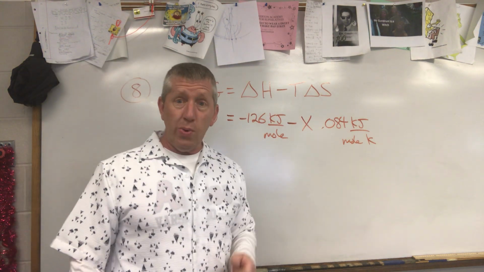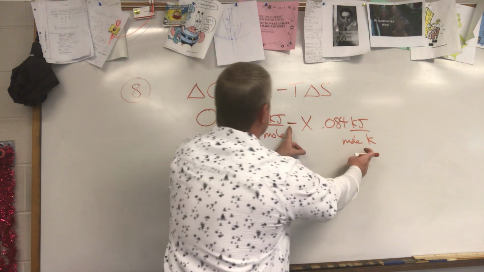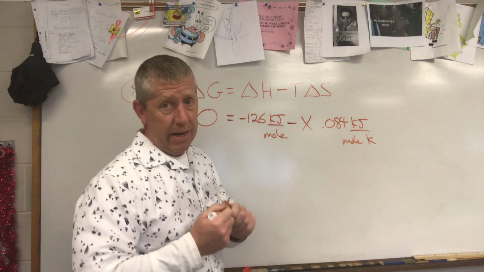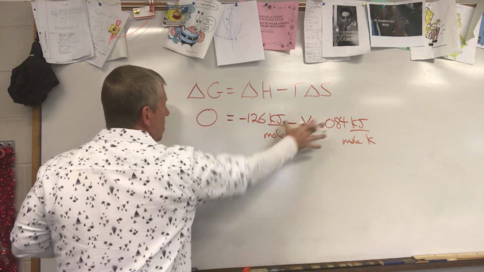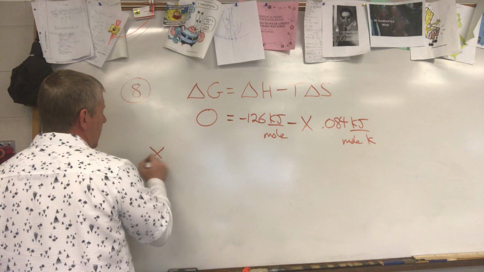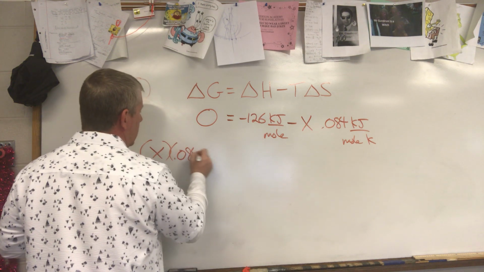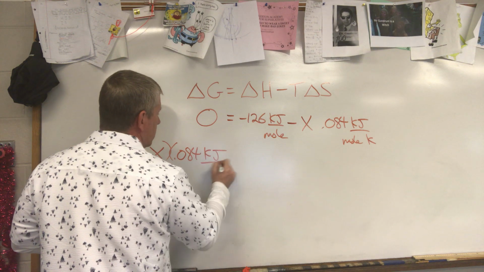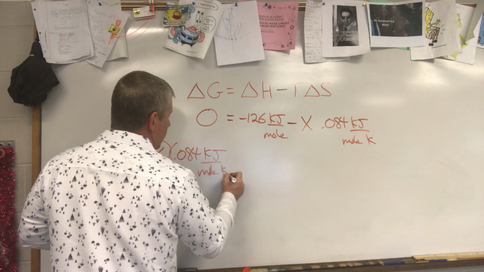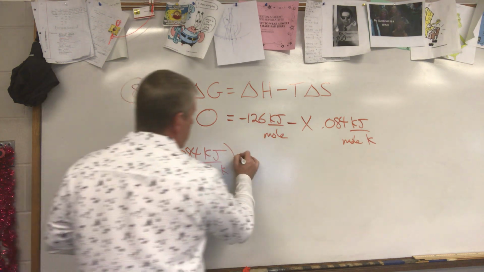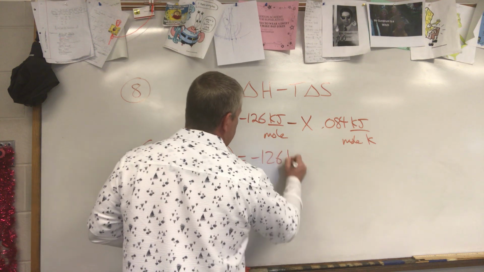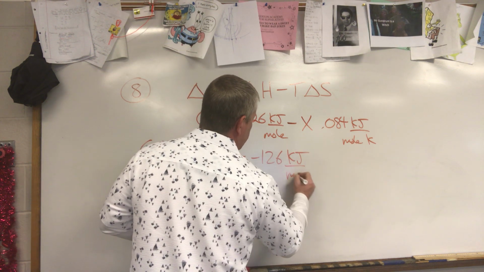I like taking this and moving it to this side of the equation. I don't like having a negative X. I'm getting rid of my negative X and bringing it over here, making it positive X. X times 0.084 kilojoules per mole K equals negative 126 kilojoules per mole.